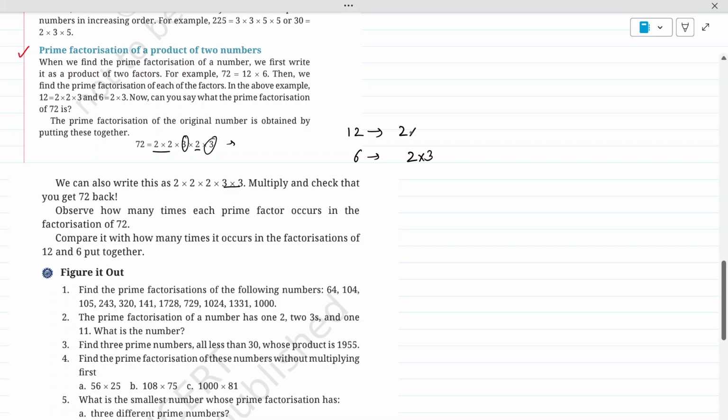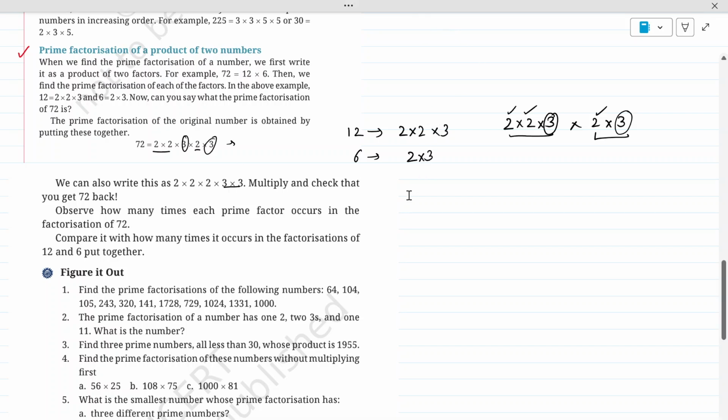If we combine these factors, here also we have 2 three times and 3 two times, like what we have written here. So it doesn't matter how we write these factors, their multiplication will always give us the same product, the same number whose factors these are.